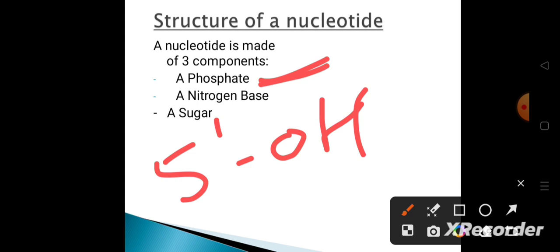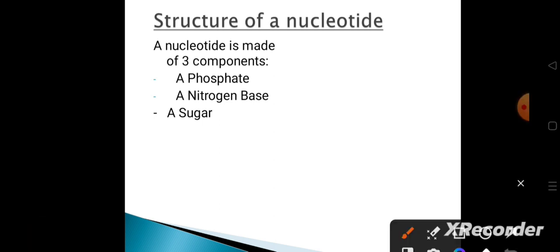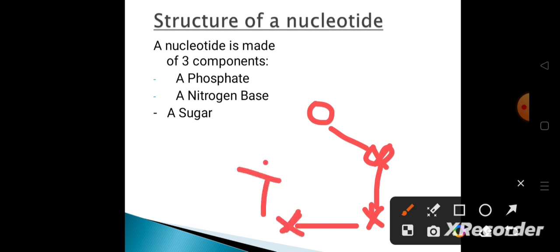Now you should know what this 5' is, how it is being named. You all know that DNA's sugar is a 5-carbon compound. Now how is it being named? See, it is named somehow like this. Like this. Okay. And here another structure will be there.